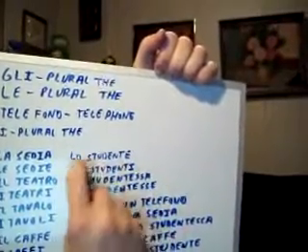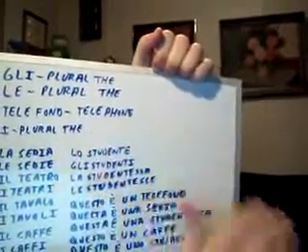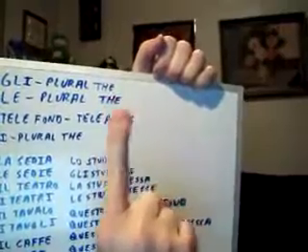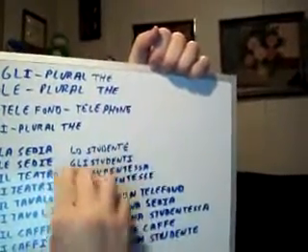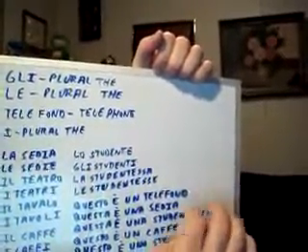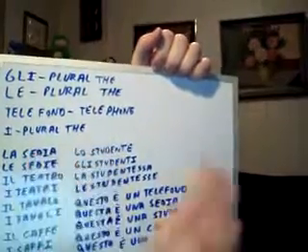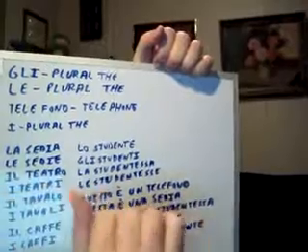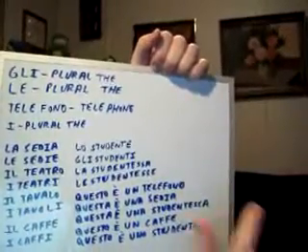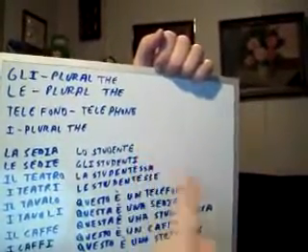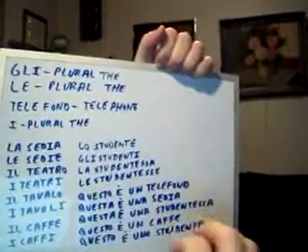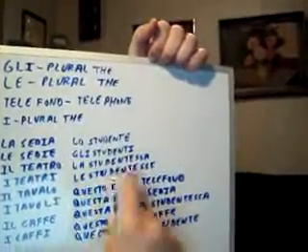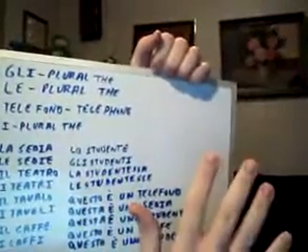Lo studente means one student, one male student. Li studenti is more than one male student. La studentessa means that there's only one female student. Le studentesse is more than one female student, but there's no male students, just all female students.